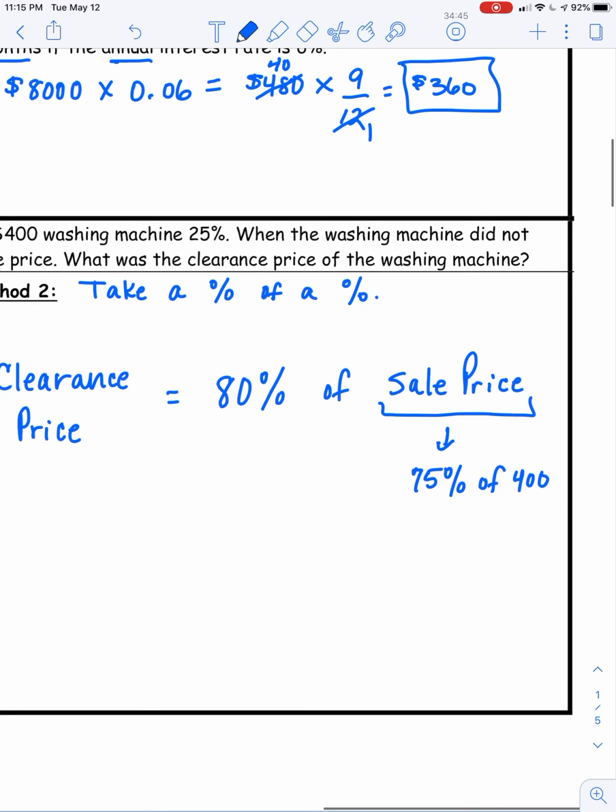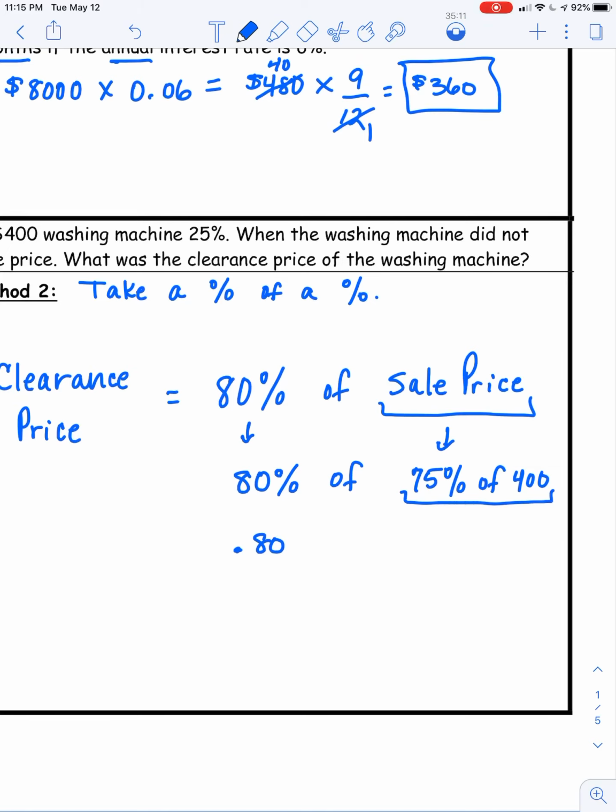So to find the second discount, we have to know the sale price. How did we figure that out? Well, that was 75% of 400. So now I'm going to rewrite this 80% down here as a percent of a percent. So look at that. So we're going to take 80% of 75% of 400. Okay, so keep this thought together.